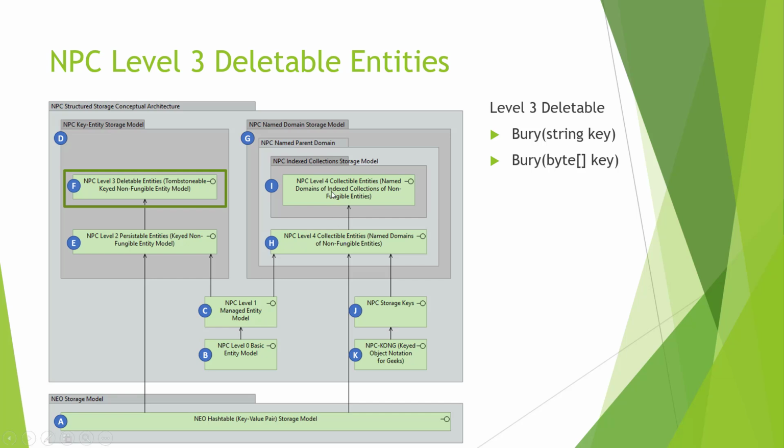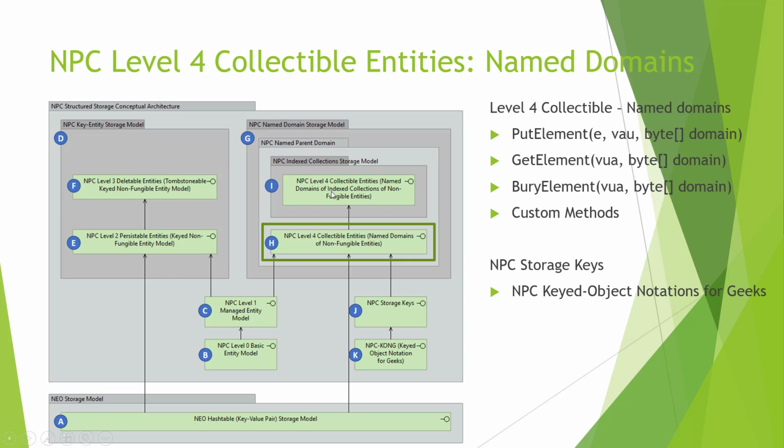To enable those, we start first with just level 4 collectible entities, and those are enabled using NPC storage keys and something called NPC Kong keyed object notation for geeks. I'm not going to go into those in too much detail other than how do you use them as a developer.